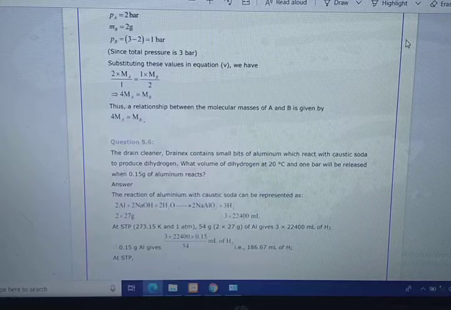Therefore 1 gram will give 3 into 22,400 upon 54, and 0.15 gram will give 3 into 22,400 upon 54 into 0.15. So here you can see it will be 186.67 ml of H2 at STP.